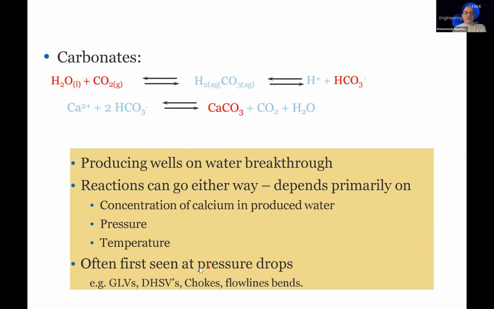It is often first seen at pressure drops outside the well, such as in the choke, in flow line bends, or in some valves, the gate valves at the surface. So we can see some kind of indication that we have scale from these parts, and maybe scale is already deposited inside the wellbore. So we have to take action.